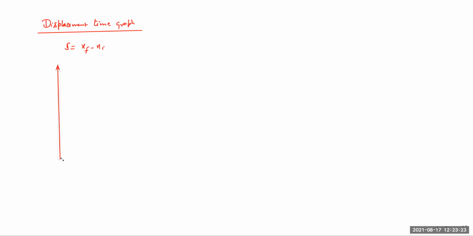So in case of position time graph, we have seen that you can start at origin, above the origin, below the origin. So your position can be anywhere, but the displacement only happens when you travel something. So let's say that there are three athletes, one is here, one is here.